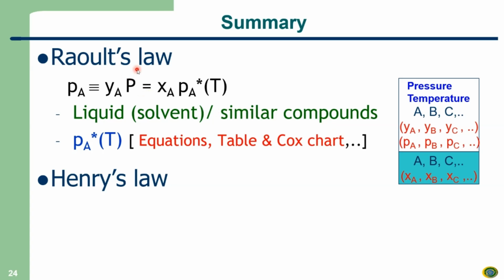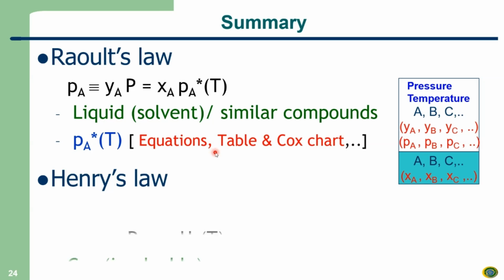Okay, and Raoult's law is that PA equals YA times capital P equals XA times PA star. So this is the equation you need to remember. And in order to get PA star, you need to get it from a table or Cox chart, from the chart, or from the equation.